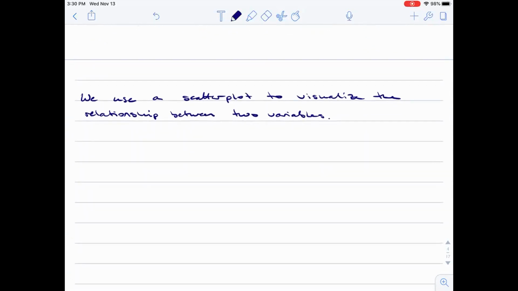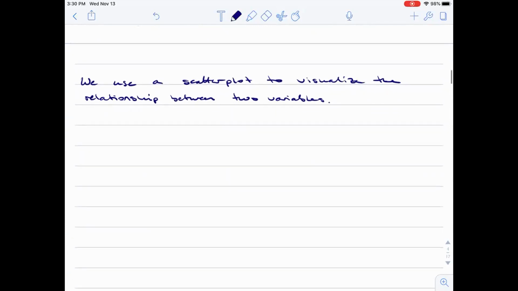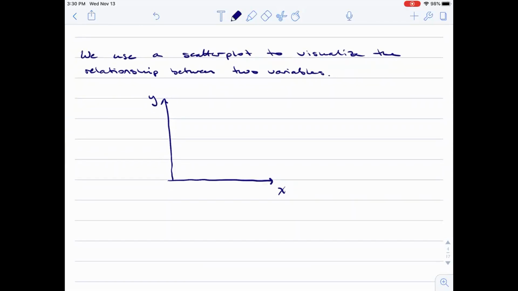A scatter plot, just as a recap from way back when, is if we have something on the y-axis and something on the x-axis, right? The dependent variable goes on the y-axis, and our independent variable goes on the x-axis.